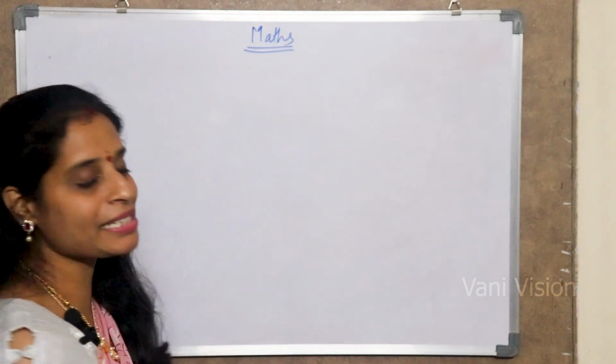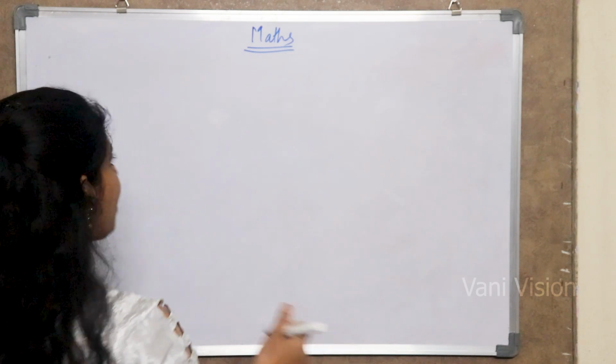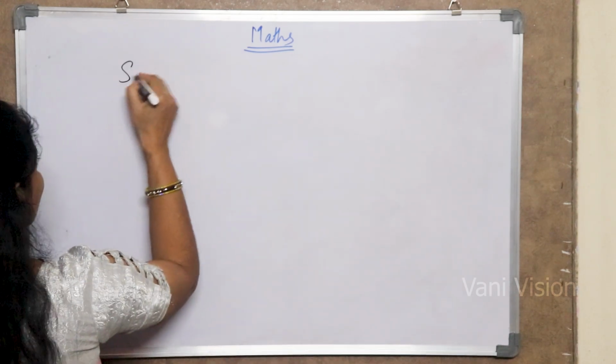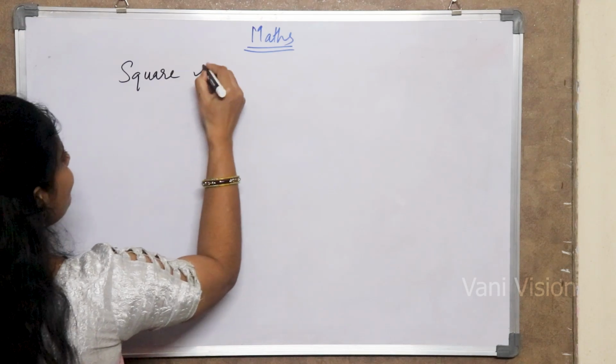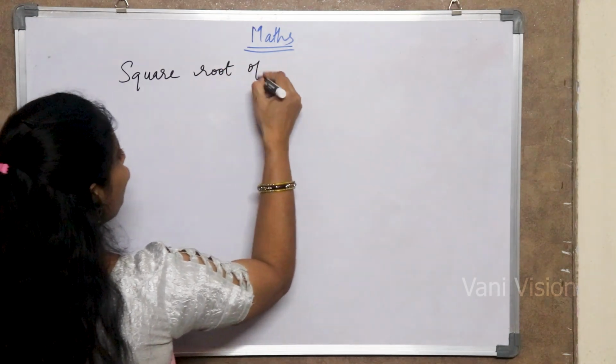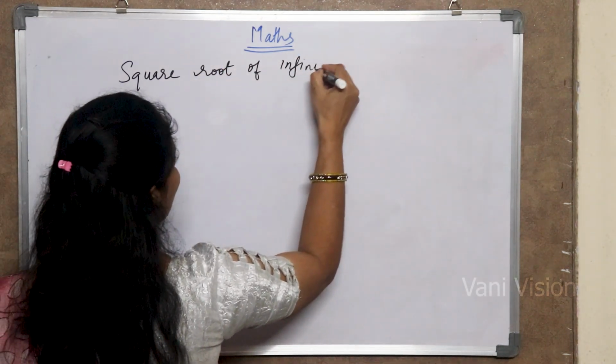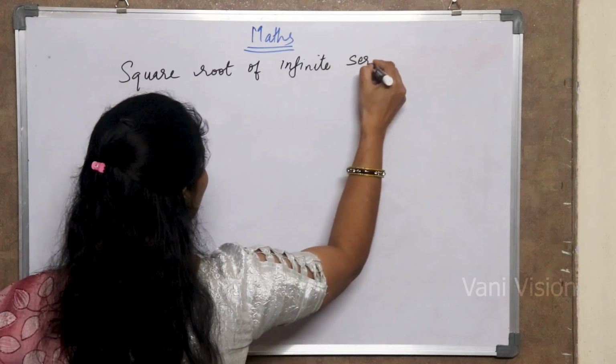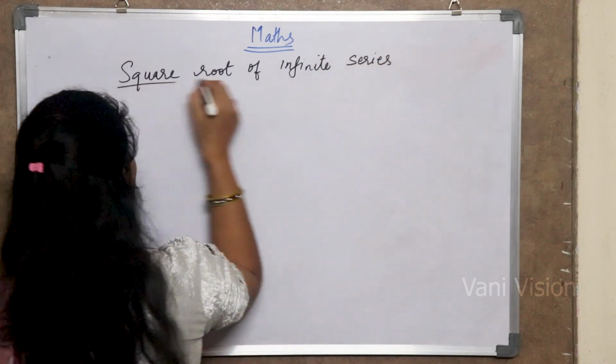So our question is about the square root of infinite series when signs are changing.